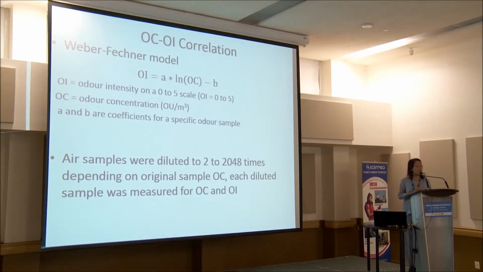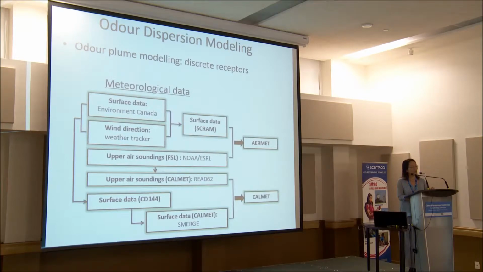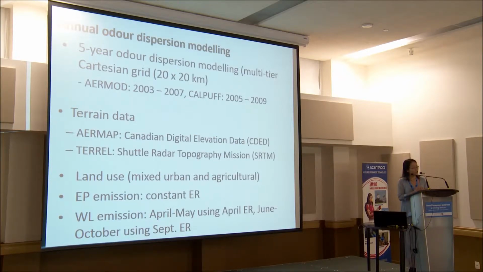So what we did is we take air samples from the source, we dilute the samples to different levels, like from 2 times up to over 2,000 times. And for each diluted sample, we take odor concentration and intensity measurements, and then based on the data pool, we figure out what is the coefficient A and B for each odor source.